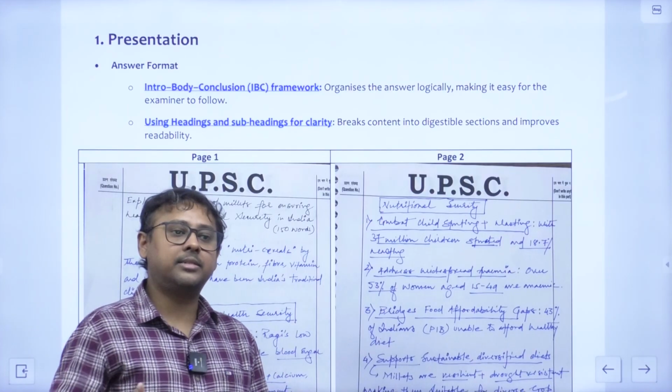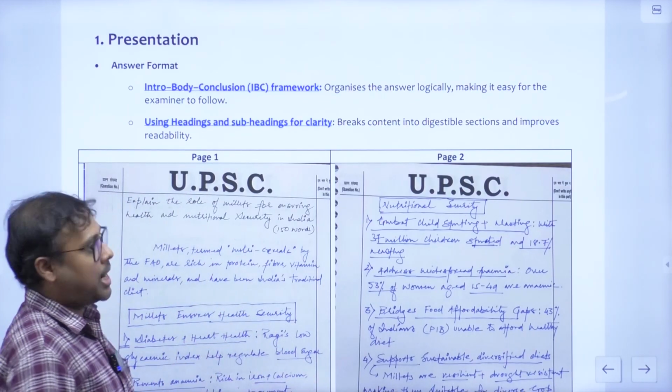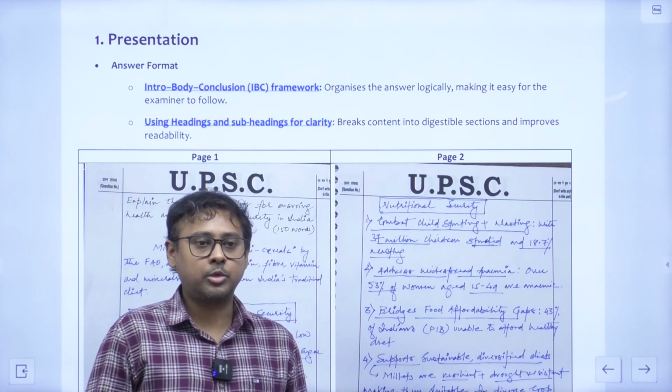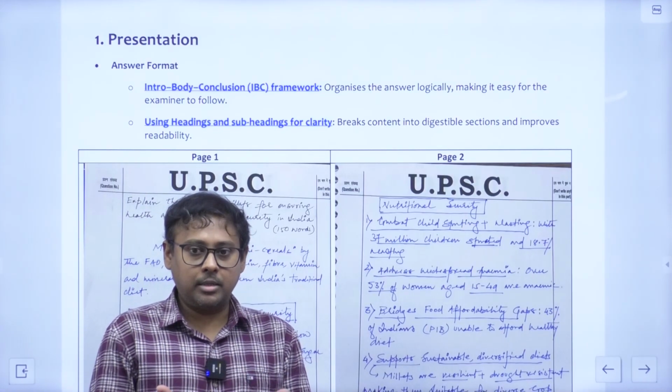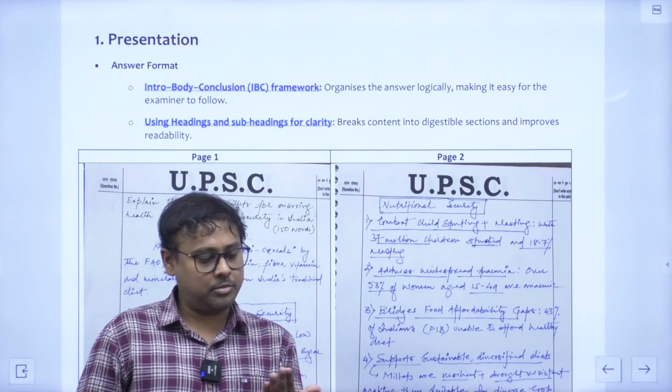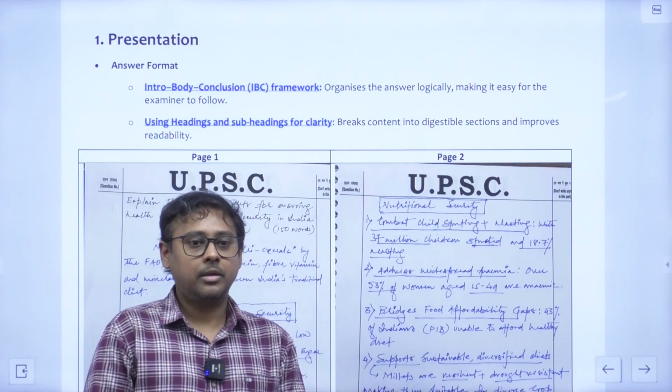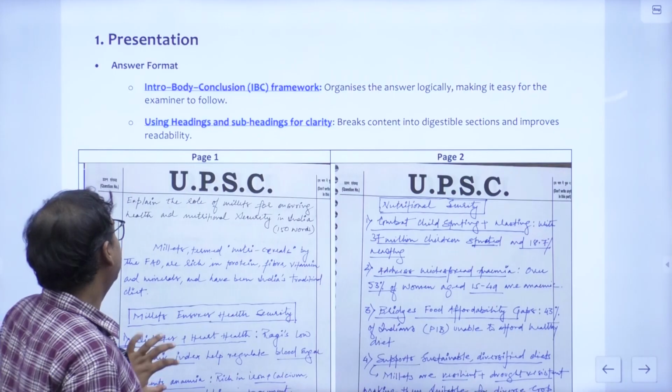You will be alienating the examiner. So presentation means that the moment he or she flips through the page, the content and the structure that you have will be brilliantly visible.